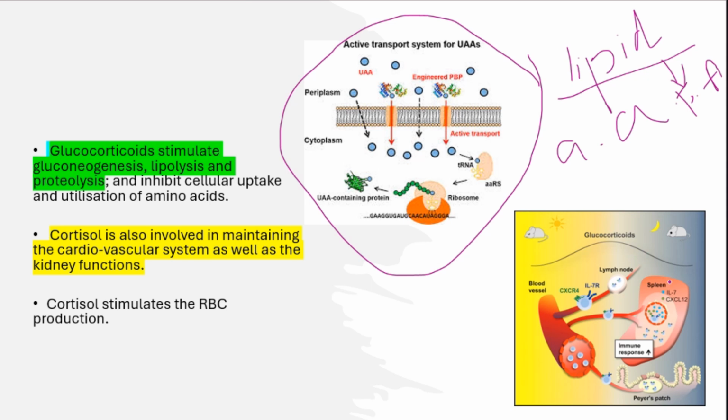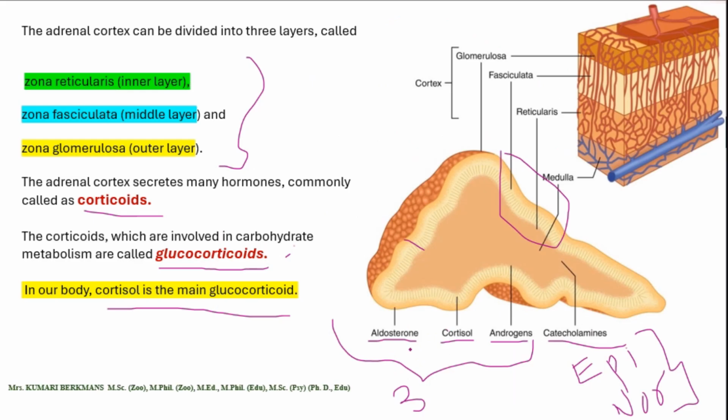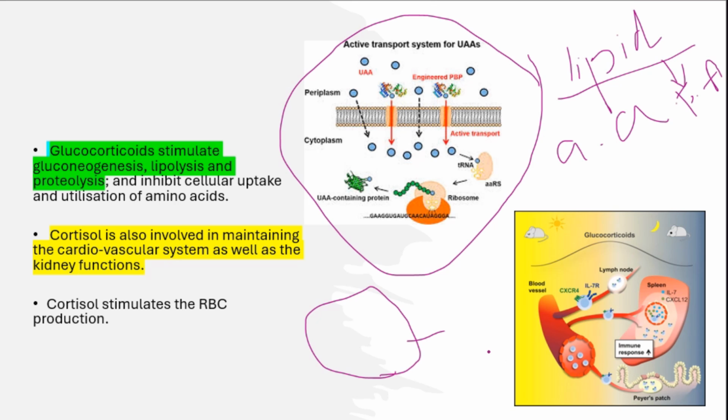So cortisol is very important to maintain the cardiovascular system and the kidney function. It is secreted by the adrenal cortex. We have seen aldosterone, cortisol, and androgens. All these hormones are very important. In that, cortisol is involved in maintaining the cardiovascular system as well as the kidney function, and it also stimulates the production of RBC.